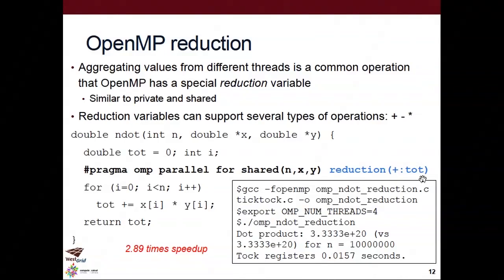It's not shared, it's not private, but it's of type reduction. Then you say what type of reduction operation you are going to do on this variable. You can have multiplication, summation or addition, subtraction, and so on. It's a little bit limited in C. In Fortran, I think you can have average and something like that. But in C, you are basically limited to these basic operations in OpenMP 3.0.